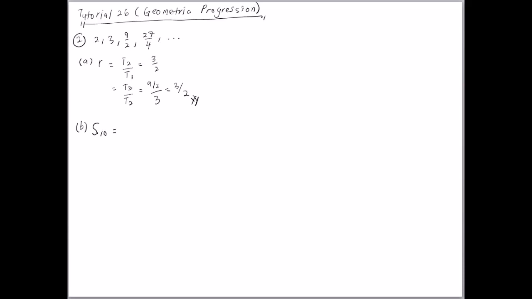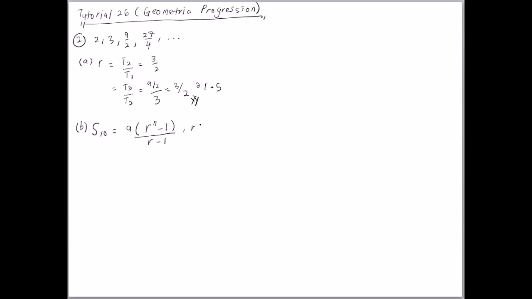Okay, there are two formulas to calculate the sum for a geometric progression depending on the value of R. If R is more than 1, in this question our R is 3 over 2, or equal to 1.5. When R is more than 1, our formula is a times R power n minus 1 over R minus 1.